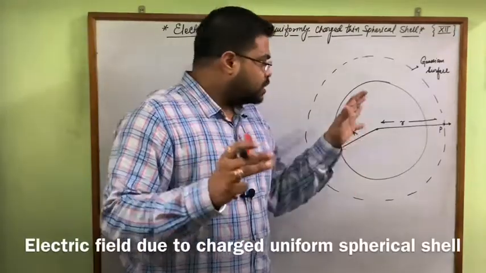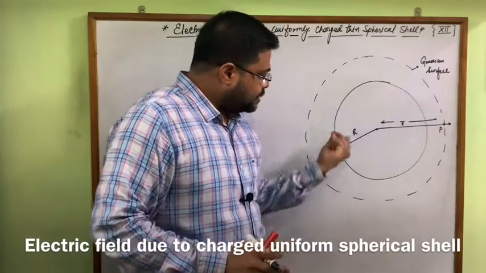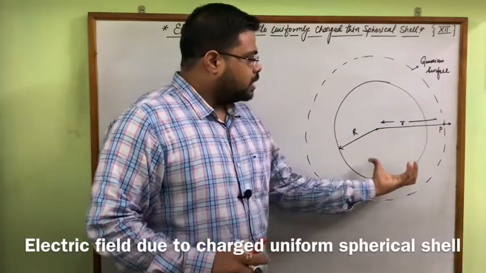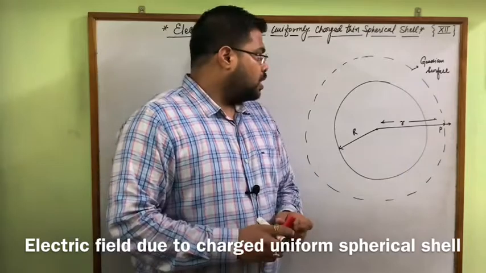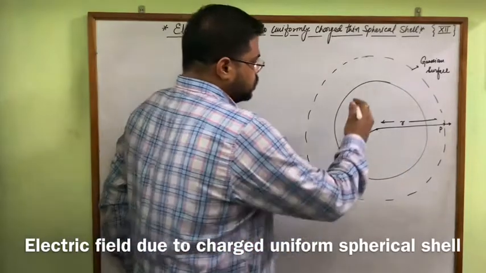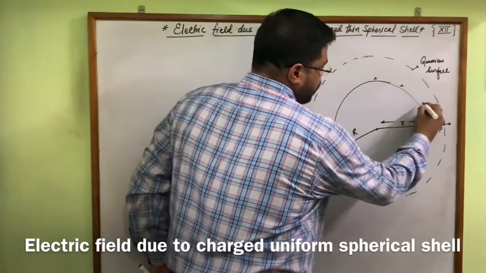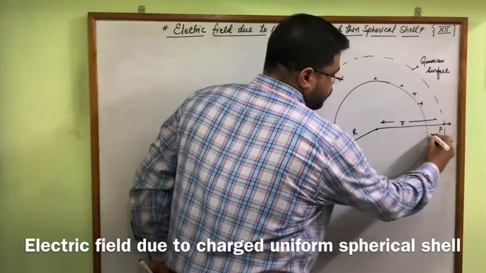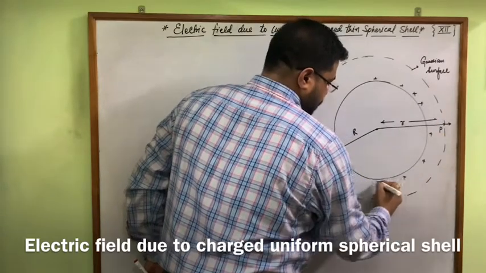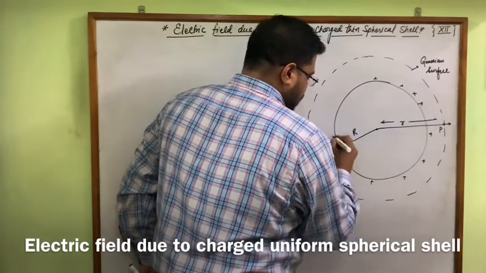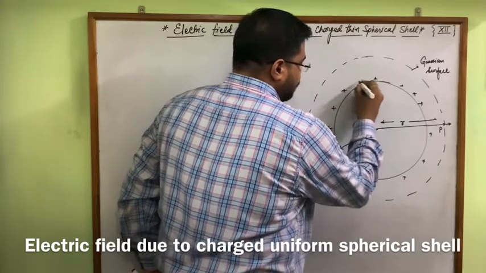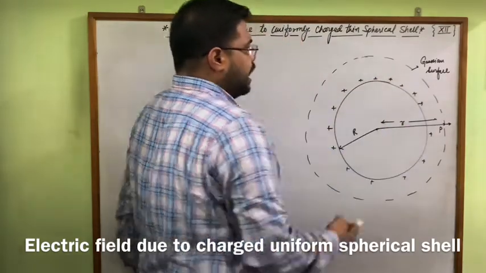Please look here. First of all, I consider one spherical shell, and the charge is uniformly distributed over the entire surface, because this is a property of electric charge.